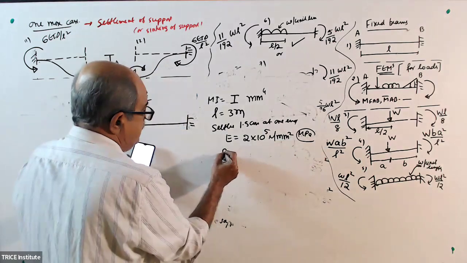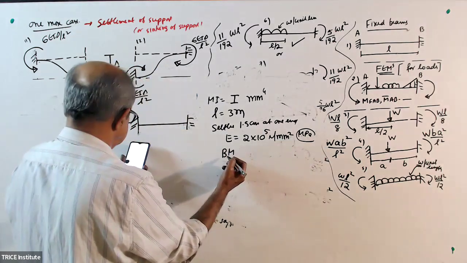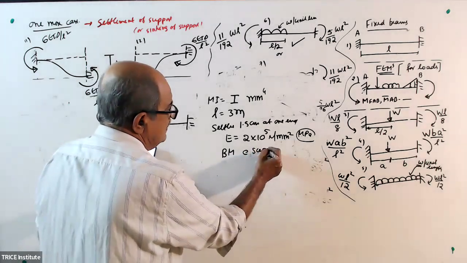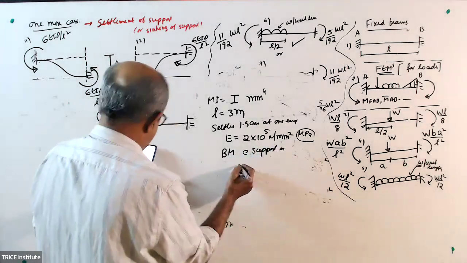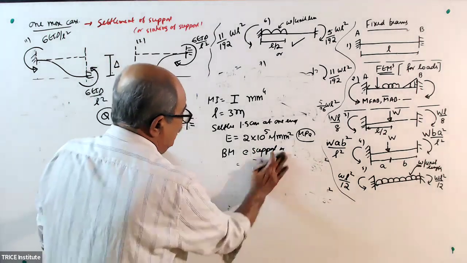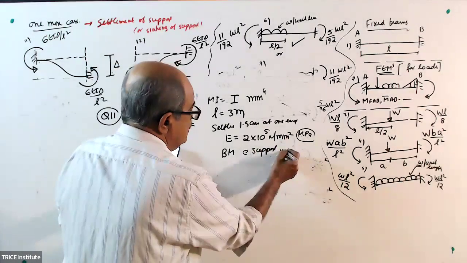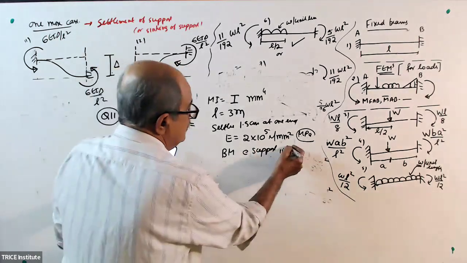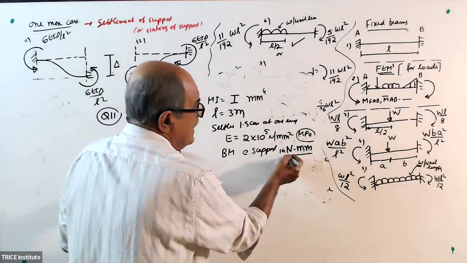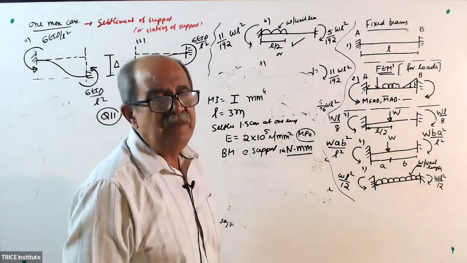Then the bending moment at support is: A 4I by 3. Remember, in unit they told Newton millimeter. They want bending moment at support in Newton millimeter.